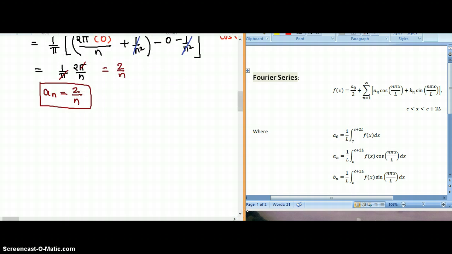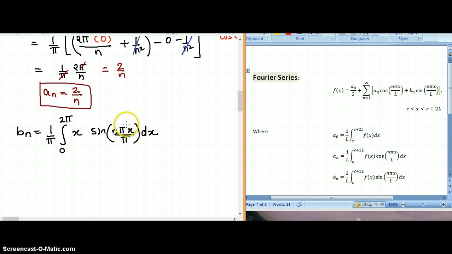It's left to get the value of bn. Similarly, using this rule, replacing the value of L and f(x), we get bn is 1 over pi integral 0 to 2 pi, f(x) is x, sine of n pi x over L, which is again pi, dx.